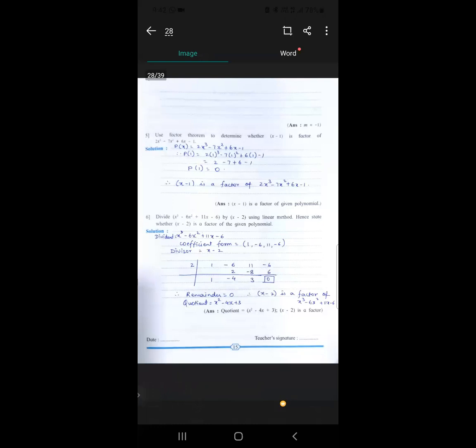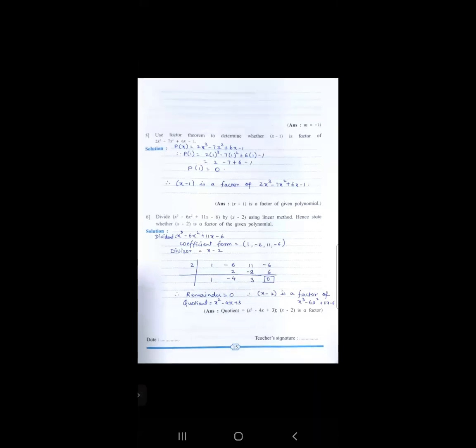Because in each and every question you should arrange the polynomial in ascending order. If it is already arranged, no need to arrange it, but if not, you have to. Then, very important, writing in the coefficient form.